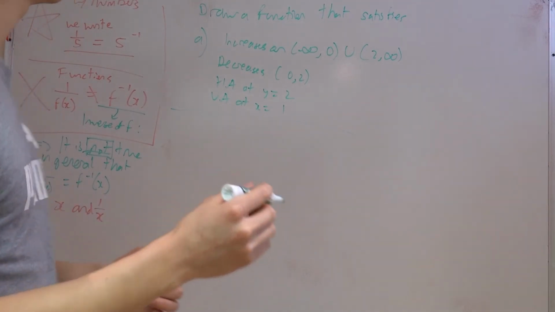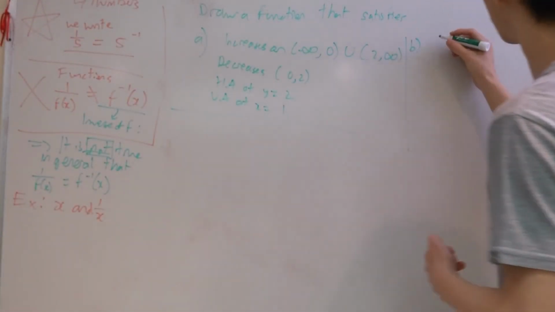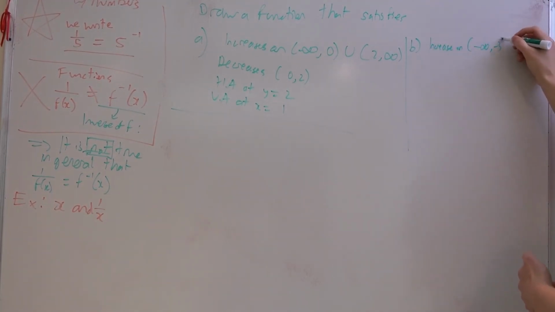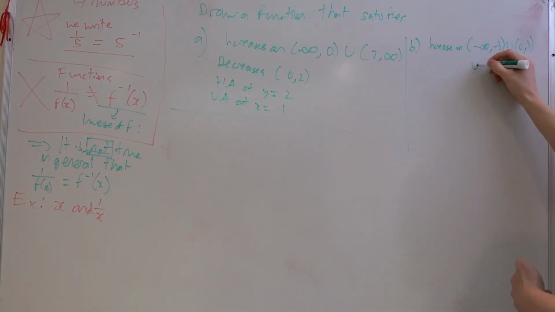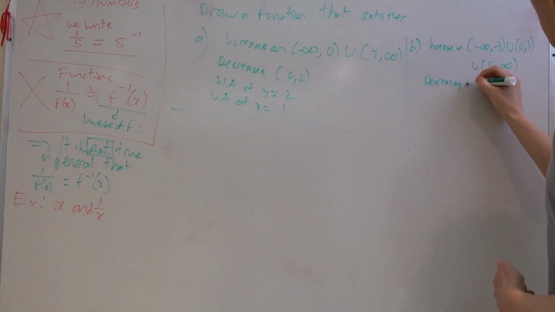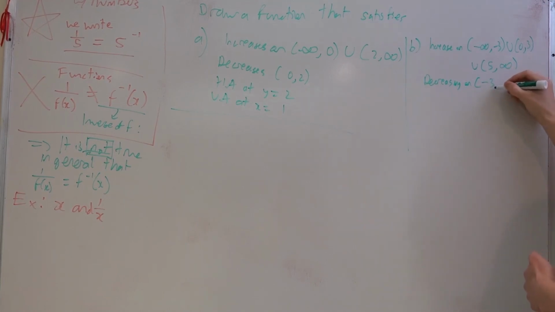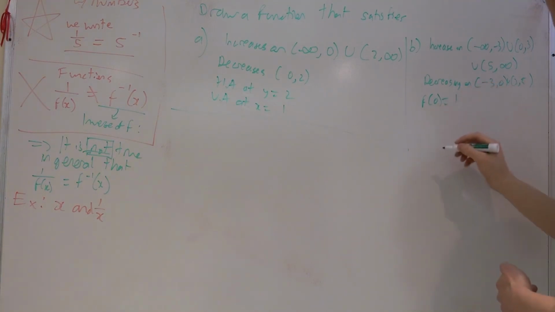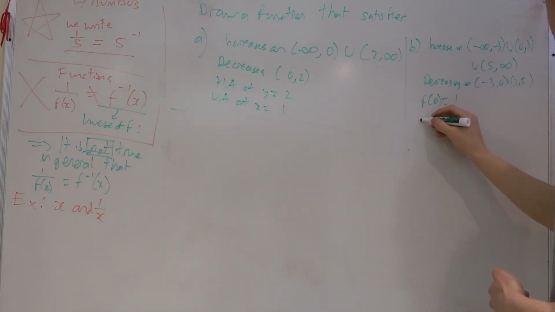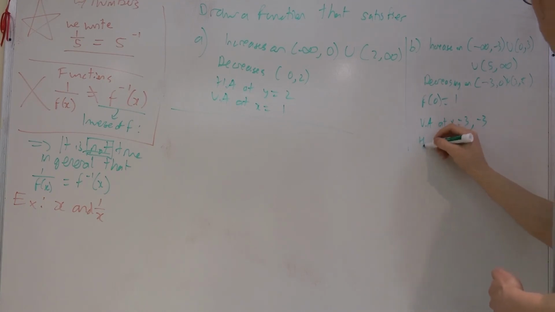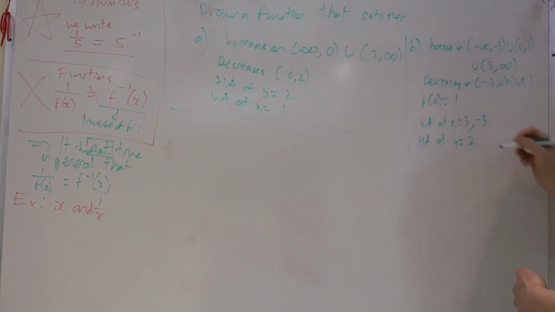And then for part B, a little harder one, we're going to increase on the interval negative infinity to negative 3, union 0 to 3, union 5 to infinity, decreasing on the interval negative 3 to 0, 3 to 5, and I want to, let's say, f of 0 equals 1, but there is a vertical asymptote at x equals 3 and x equals negative 3, a horizontal asymptote at y equals 2.